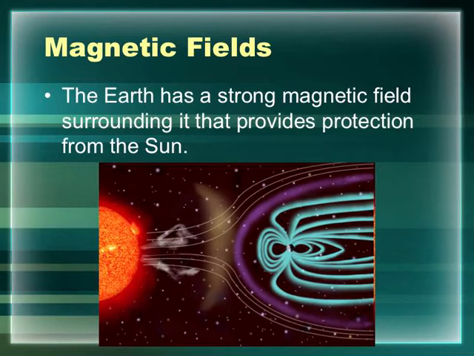And the way that it does that, guys, is the sun will occasionally burst out charged particles that we call solar flares. Those charged particles move very rapidly, and if the Earth had no magnetic field, they would smash into the Earth's atmosphere.